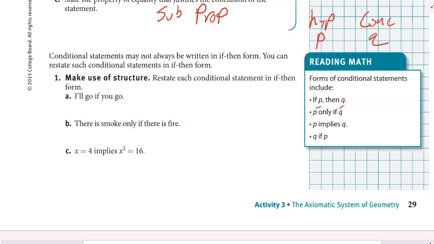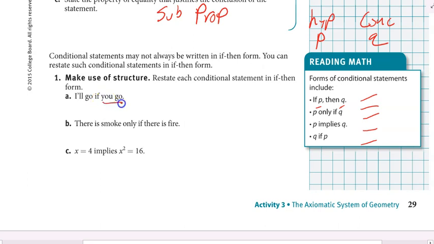So restate each conditional statement in if-then form. You'll notice here that there's lots of different ways that we could write conditional statements. All of these are considered conditional statements because they could be written in the form if P, then Q. So restate each conditional statement in if-then form. I'll go if you go.